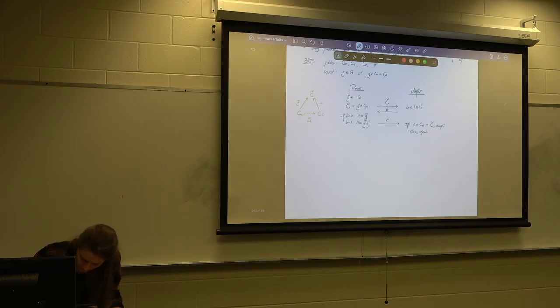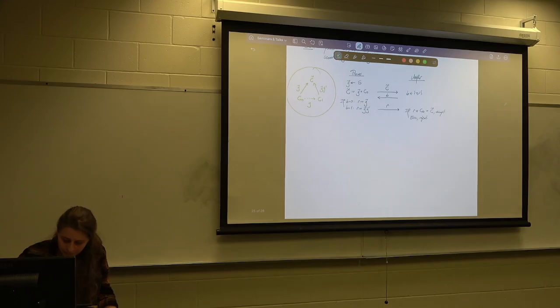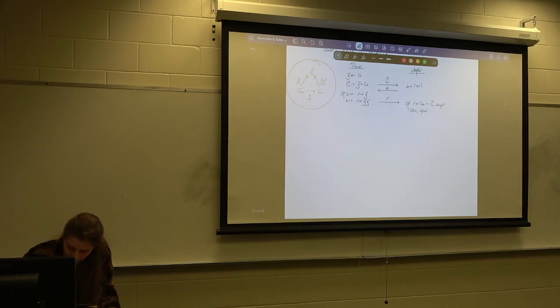I think these are switched, but yeah. So this is what's being used here. I can get from one to the other just by using this alternate route. So this is pretty easy to check.